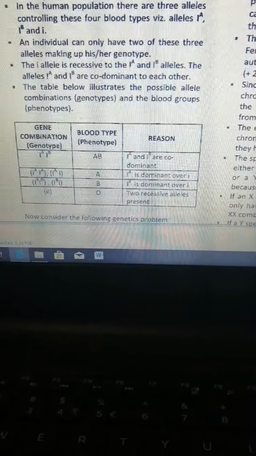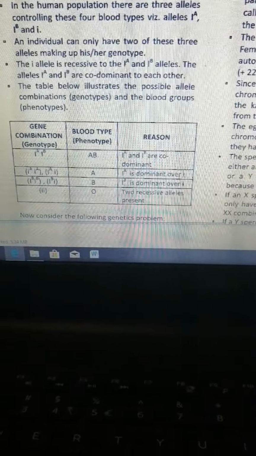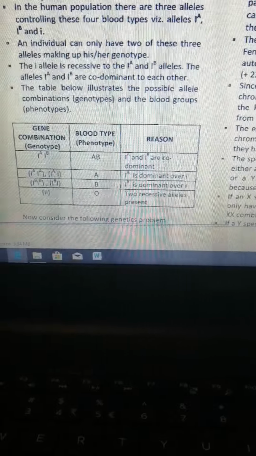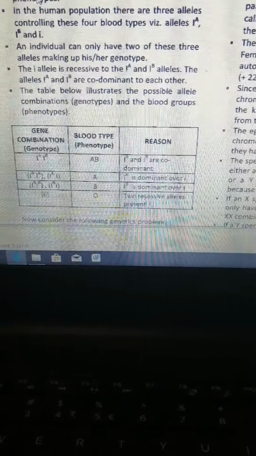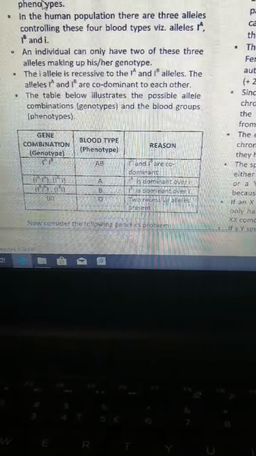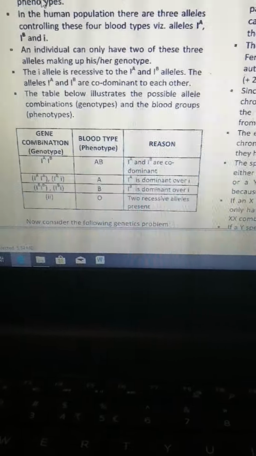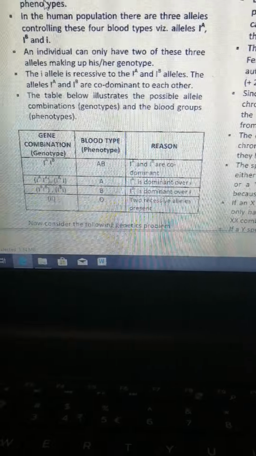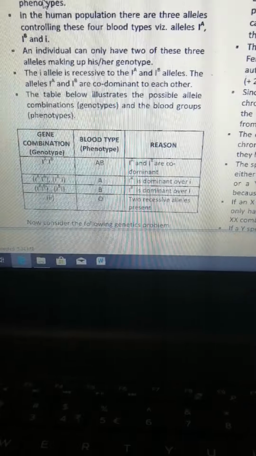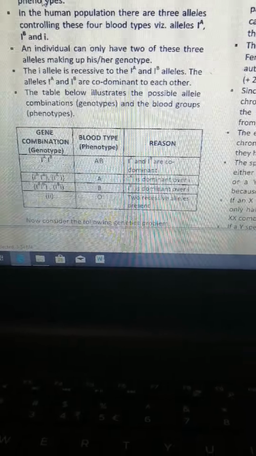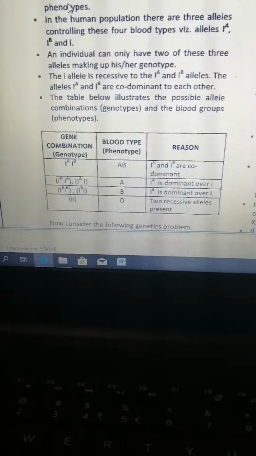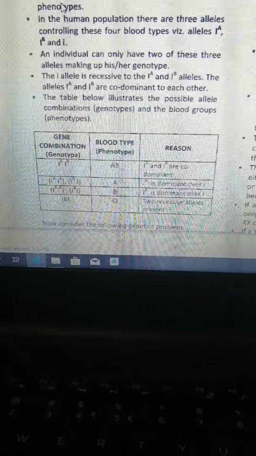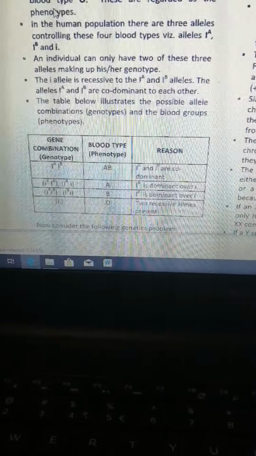A person with the blood type AB will have the genotype capital letter I to the power A and capital letter I to the power B. That's the genotype of the person with blood type AB. The reason is that these 2 alleles are co-dominant.